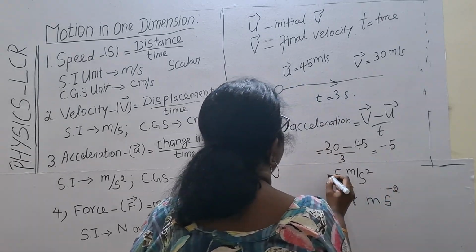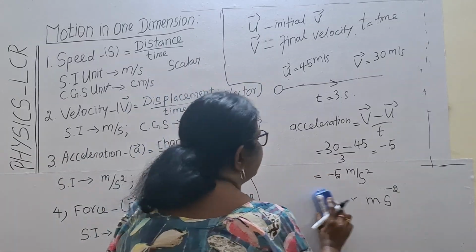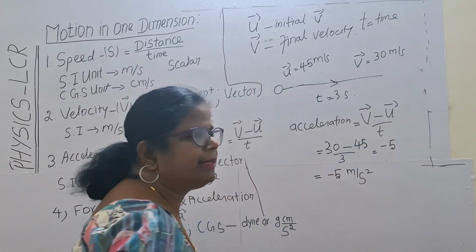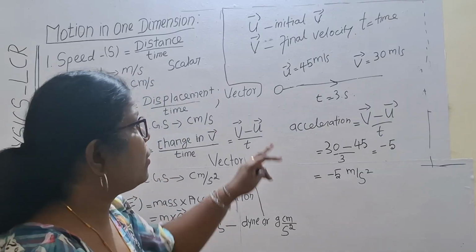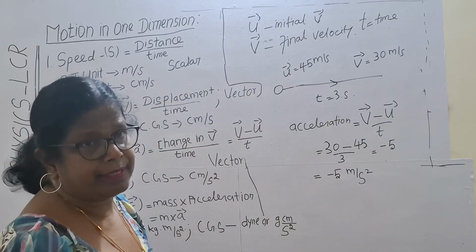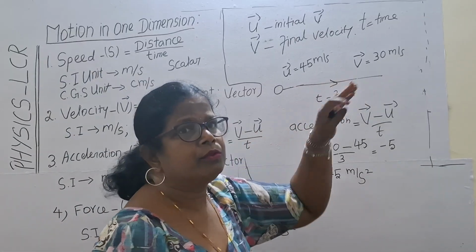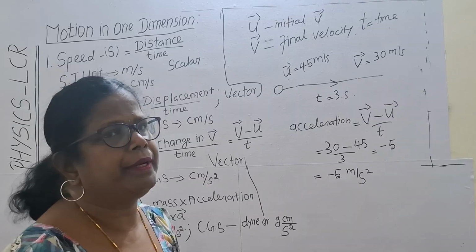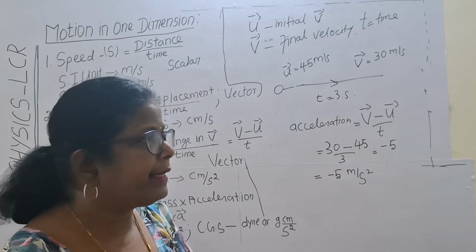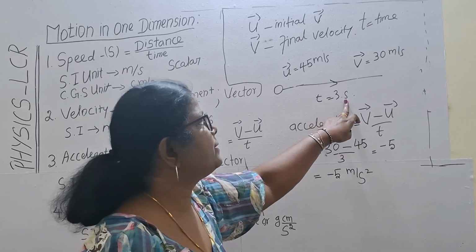In the previous case you had a positive 5. Now you have a speed of 45 meter per second, you are applying a brake, so you are slowing down, decreasing the speed. Time interval is 3 seconds.